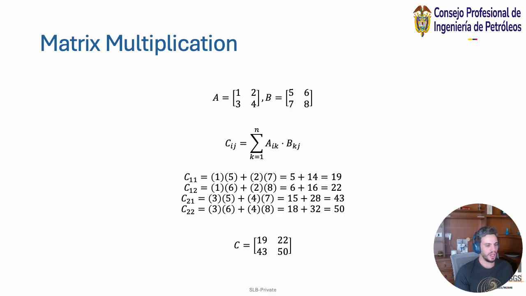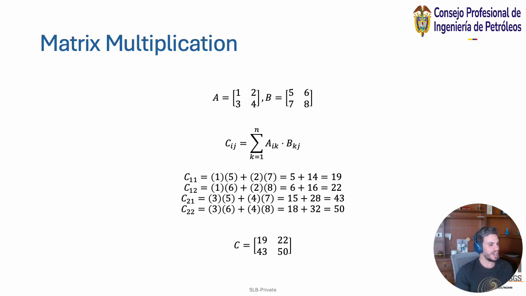It's relatively simple, and you would find that C11 is 1 times 5 plus 2 times 7, which equals 19. C12 is 6 plus 16, which equals 22. C21 becomes 15 plus 28, which equals 43.